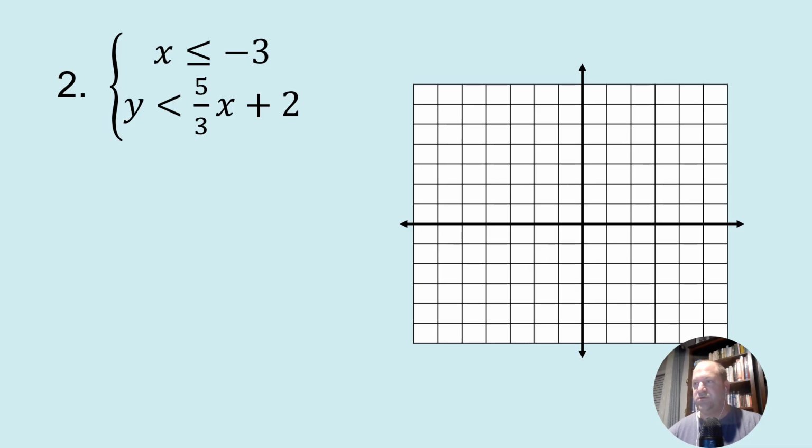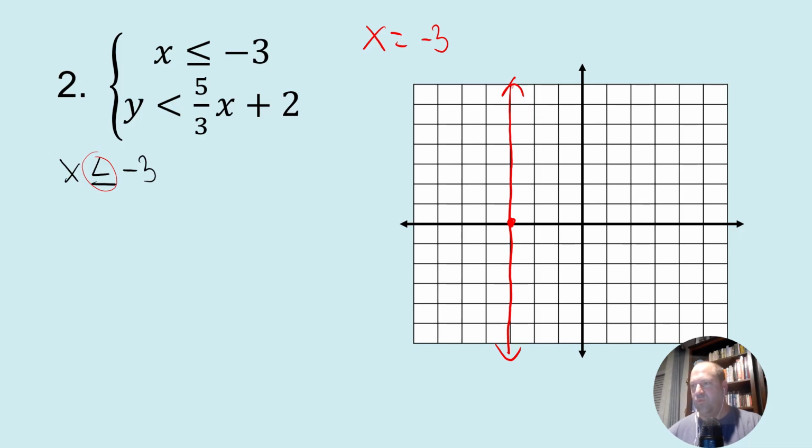So for example number 2, our top inequality is x is less than or equal to -3. So if we graph this, I'm going to graph this in red. Let's find -3 on our x-axis. We know it's less than or equal to, so we're going to have a solid line. It's just a vertical line at -3.